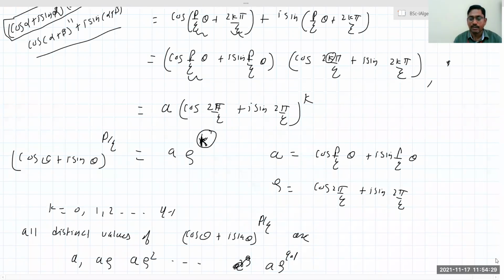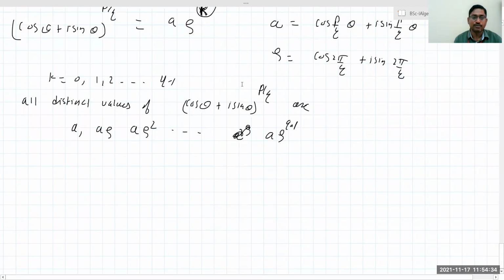So we can see this is a geometric series. What is the common ratio of this?